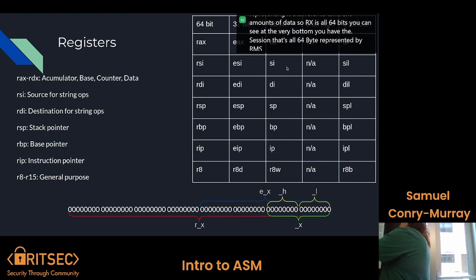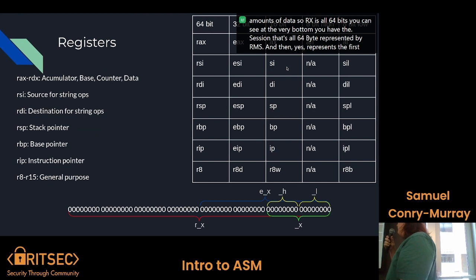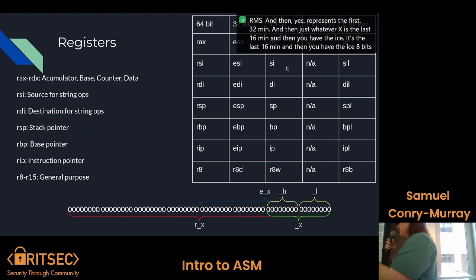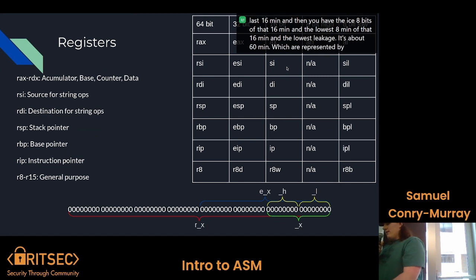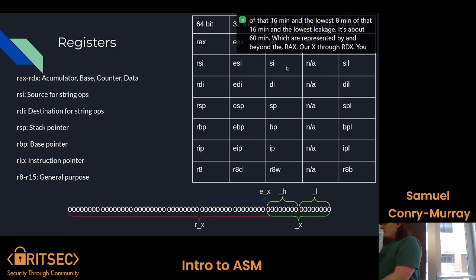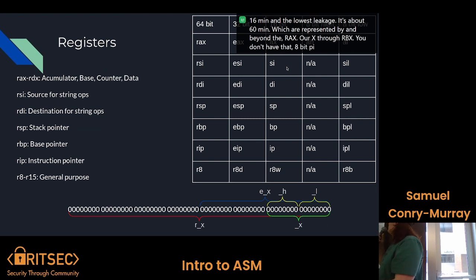And then EAX represents the first 32 bits. And then just AX is the last 16 bits. And then you have the highest 8 bits of that 16 bits and the lowest 8 bits of that 16 bits, which are represented by H and L respectively. And beyond RAX through RDX, you don't have that 8-bit high version, which is kind of annoying.